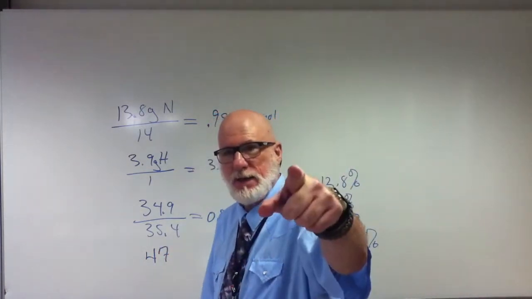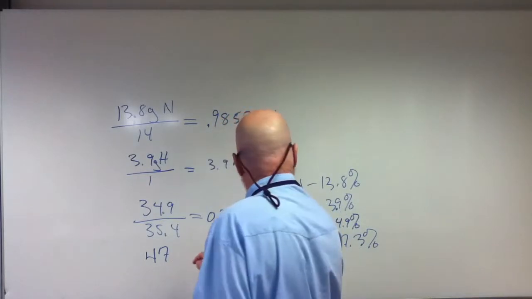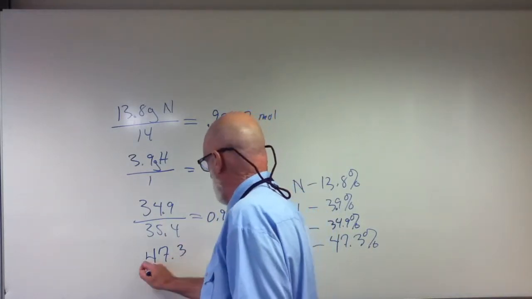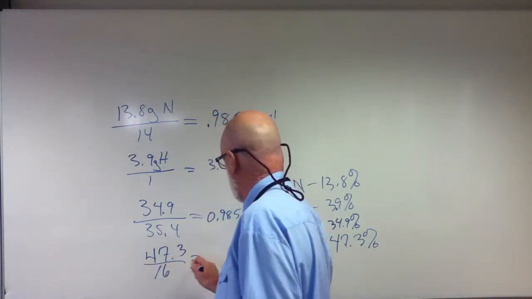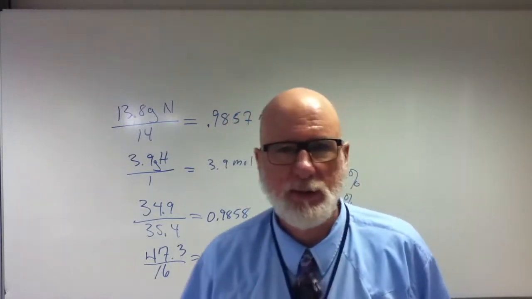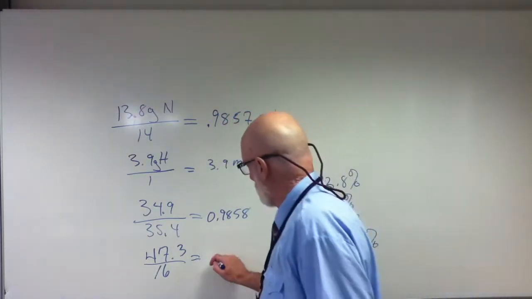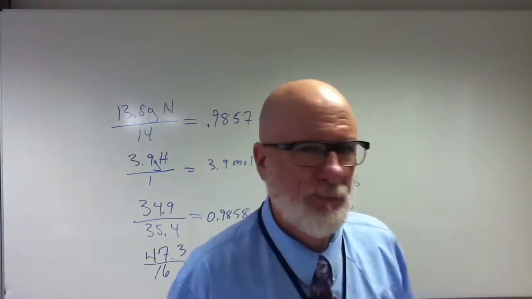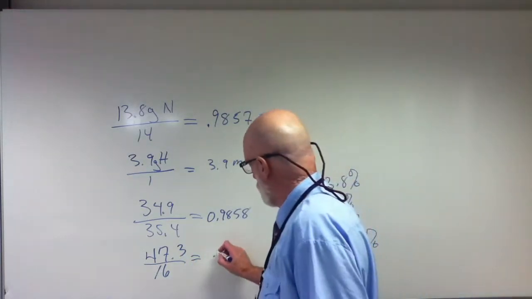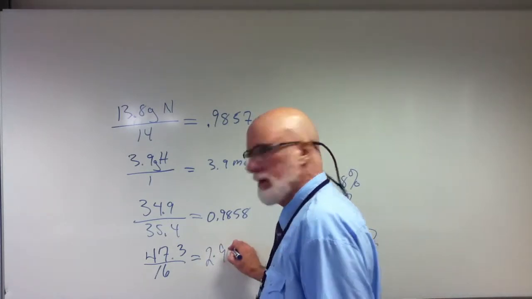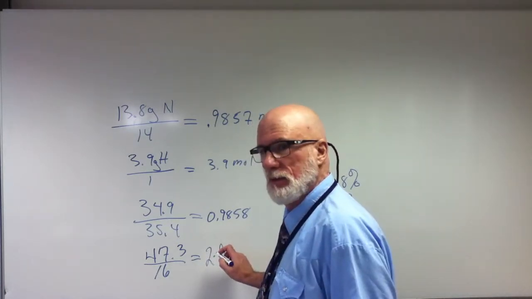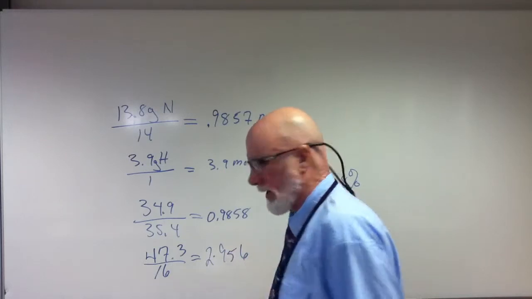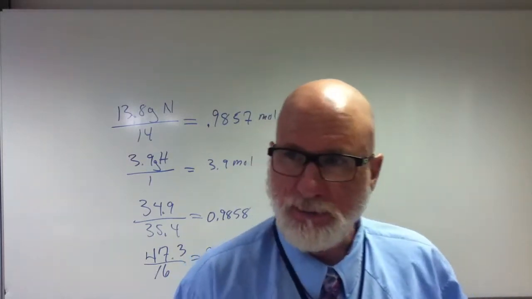Can you see that up there? Is that coming up? 47.3 divided by 16 equals what? 2 point what? 2.956. Okay, good. So far, so good?